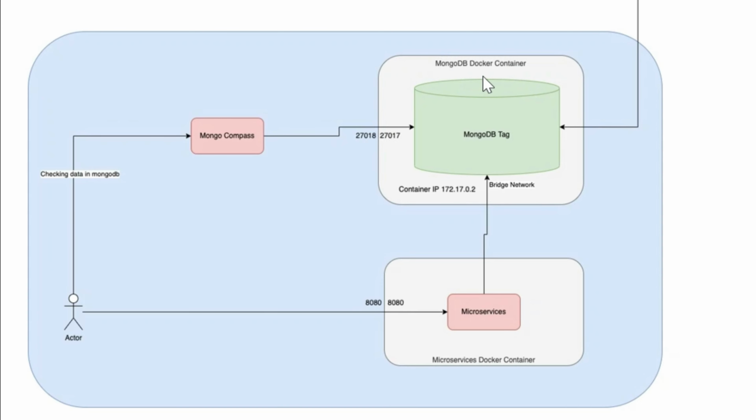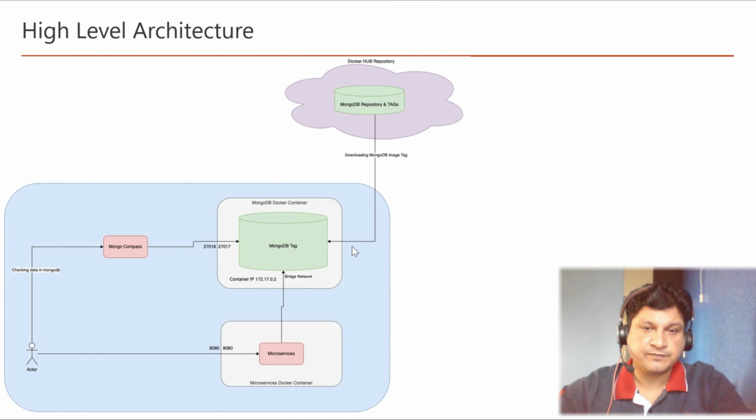One is for MongoDB and the other one is for our microservices. In this MongoDB container, I'm downloading a MongoDB Docker image from the Docker Hub repository through the internet. I'll show you how to download a particular tag of MongoDB into this container and how to run it.